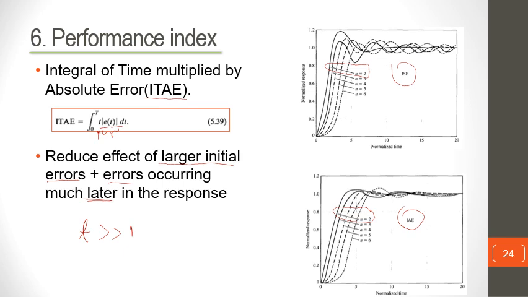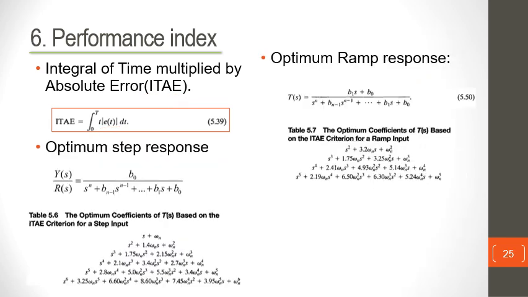For the ISE, you see this is quite highly underdamped when compared to the one that optimizes the IAE. So I think this also goes on to further emphasize that even between ISE and IAE, the system which is optimal with respect to one performance index may not necessarily be optimal with respect to another performance index.